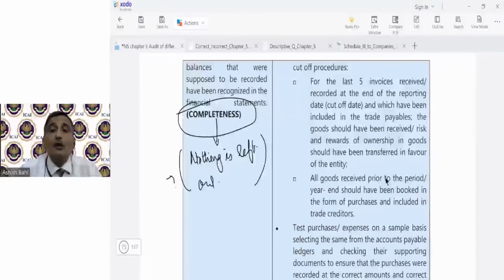I would check goods received in, say, the last 5 days or last 10 days at the end of the year, to see whether, for the goods which have been received during these last 10 days or 5 days, purchase invoices have been received in respect of the same. Okay.